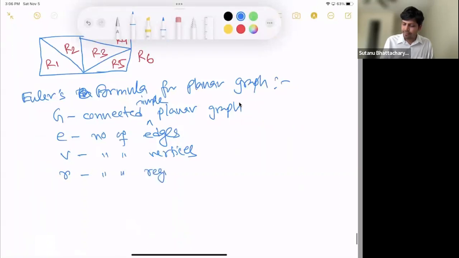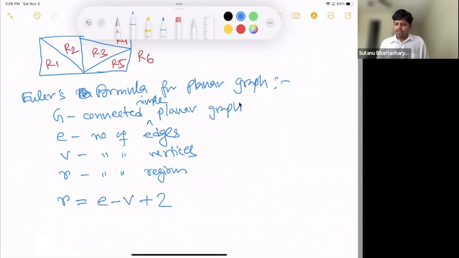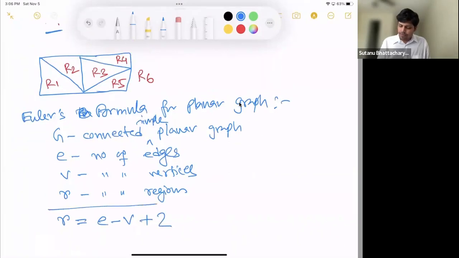Euler provides a formula to relate the number of edges, vertices, and regions. The formula is R equals E minus V plus 2. So this is the relation between the number of regions and the number of edges and vertices.